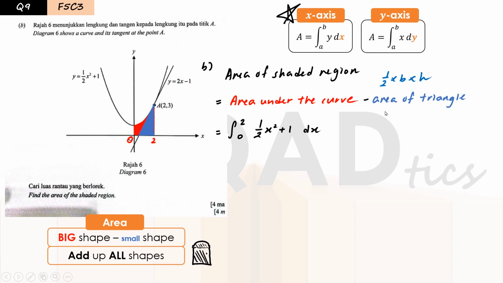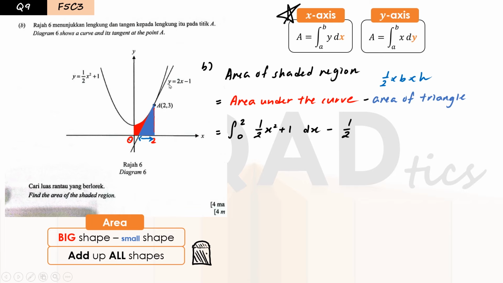Right? So here will be 1 over 2, and for the base, okay, the base would be from here to here. So we know the value here already, which is 2, but here we don't know. Alright, so since this line is intersecting the x-axis here, why don't we find out the x-intercept of this line, right?